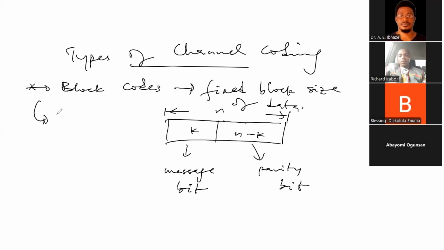Some of the notable ones are the Hamming code. We also have the Bose-Chaudhuri-Hocquenghem code. Then we also have the Reed-Solomon codes. Okay, so we'll just introduce them briefly.